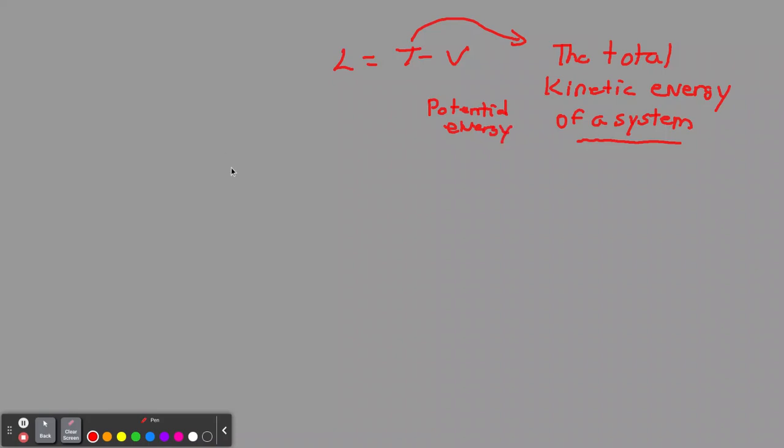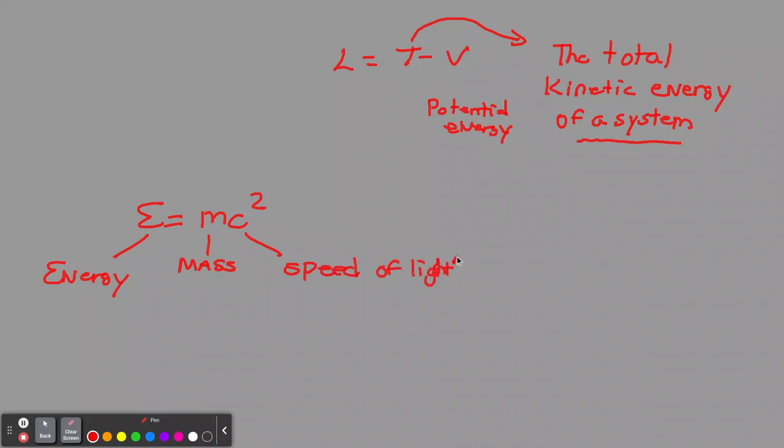But let's look at what we came here for today. We'll look at E equals mc squared first. Like we said before, E is for energy, M is for mass, and c means the speed of light, squared. The speed of light is 186,000 miles per second.